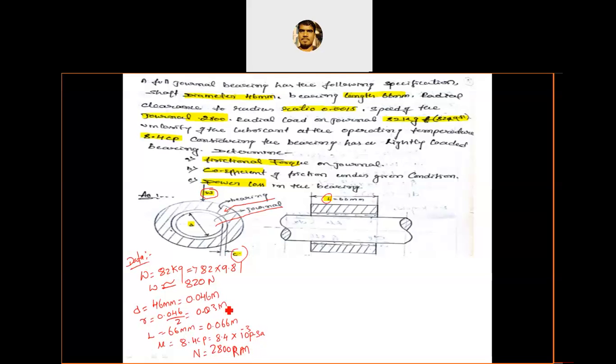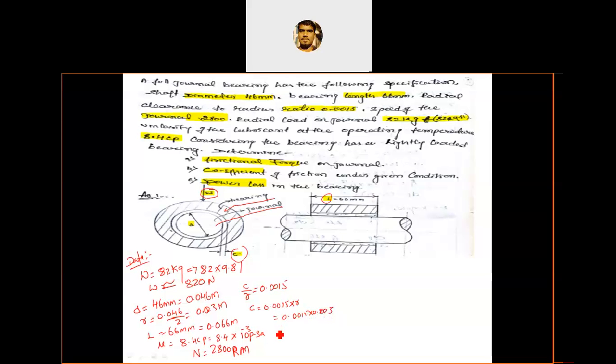Along with that, one more datum is given, the C by R ratio, that is 0.0015. We want the clearance, so C is 0.0015 into R, and R we already know is 0.023.